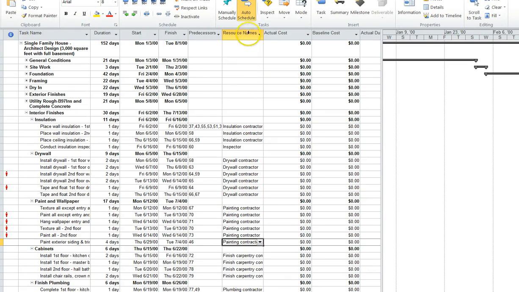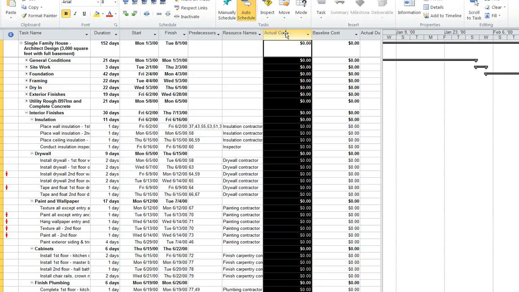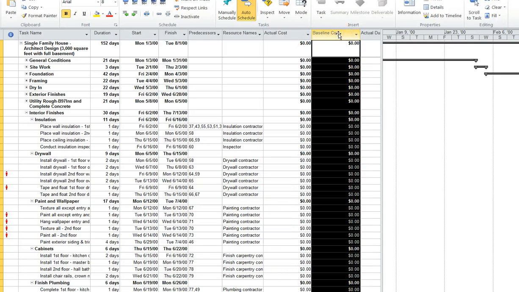In this software, you even see the resource names as to who is the resource completing that specific task. Then you see another column of actual cost and baseline cost. Baseline is the one that we said before, as in this is how much it's going to cost.